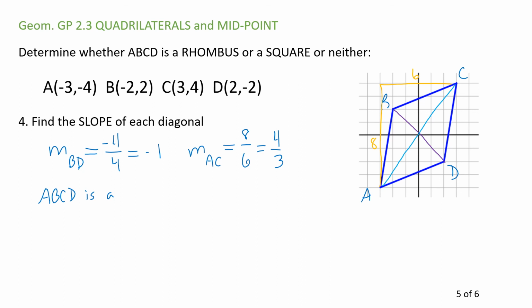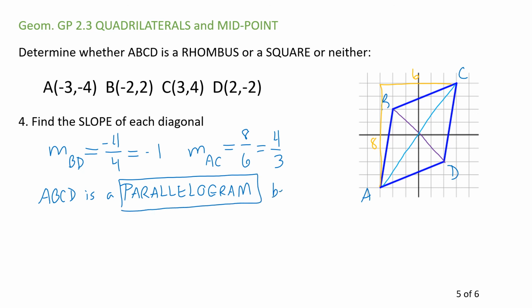So my conclusion, ABCD, the only thing I can say about it is that it is a parallelogram. And the only reason is that the diagonals bisect each other. It's not a rhombus because they would have to be perpendicular.